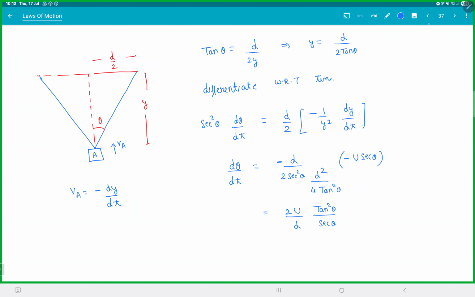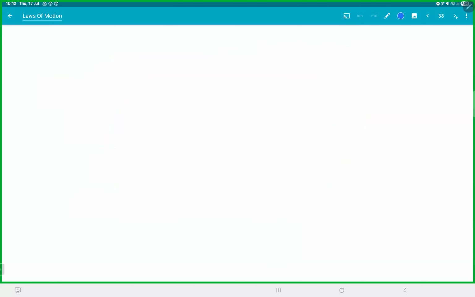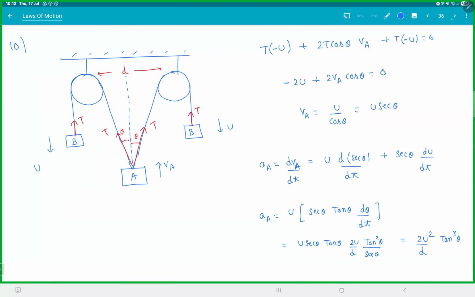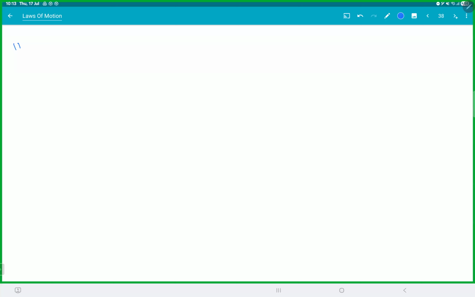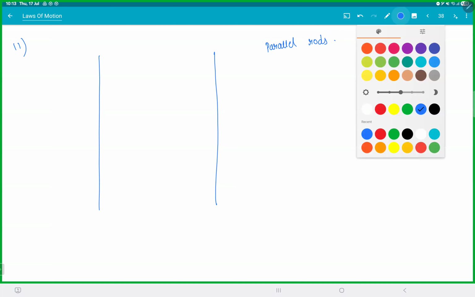Let's see one more like this. Not like this, something easier. So let's say we have two parallel rods. So you have a string like this.